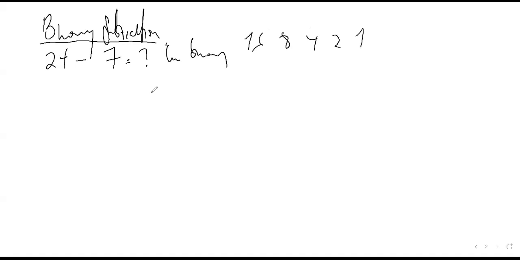So it means 24 is 16 plus 8. So it's 1, 1, 0, 0, 0. Are we together? That is 24 in binary representation. I need someone to give me feedback. Yes, we are together.